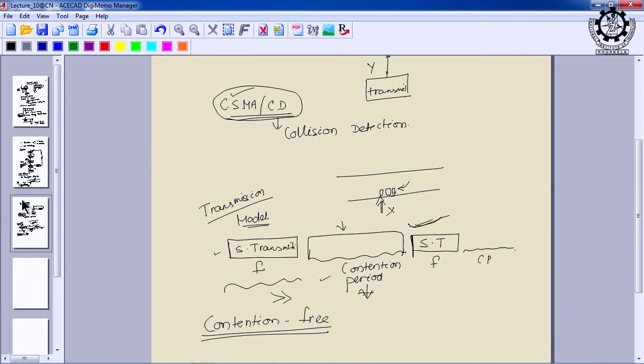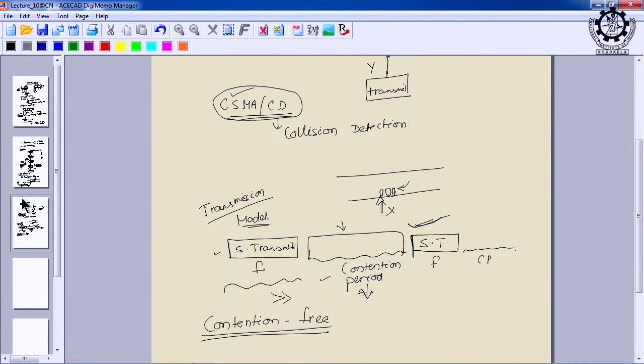That is your contention free or collision free protocols. And remember, all these protocols are distributed. If you remember, distributed means every node has to execute the same protocol. It is not like central, where one takes the responsibility and others enjoy. No, everyone has to take part in the contention, everyone has to take part in implementing this algorithm so that one of them wins and gets the channel. So, they are all distributed protocols.